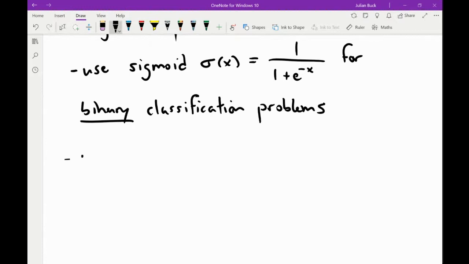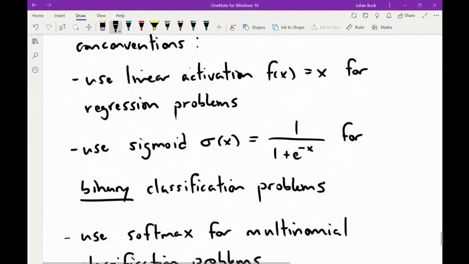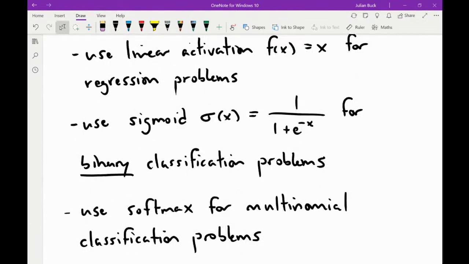And then, as already described above, we use the softmax family of functions for multinomial classification problems. And in all three cases, your output activation function is differentiable.